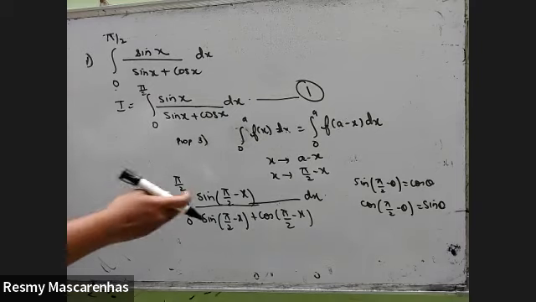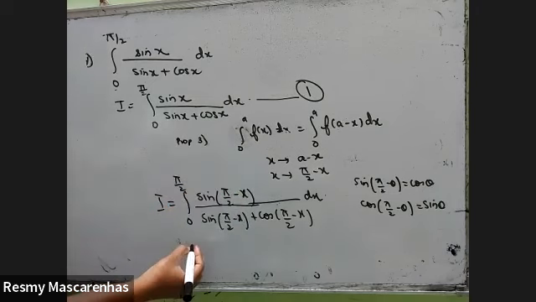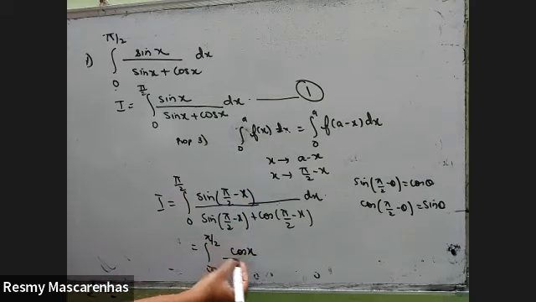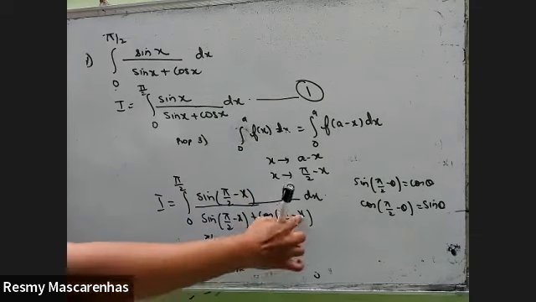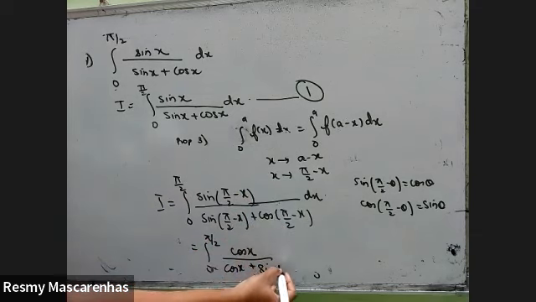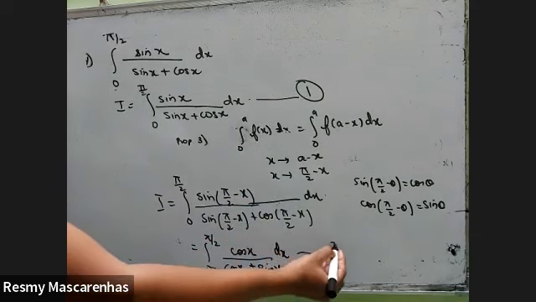So as per that logic, sine of pi by 2 minus x is cos x, and cos of pi by 2 minus x is sin x. Mark this as equation 2.